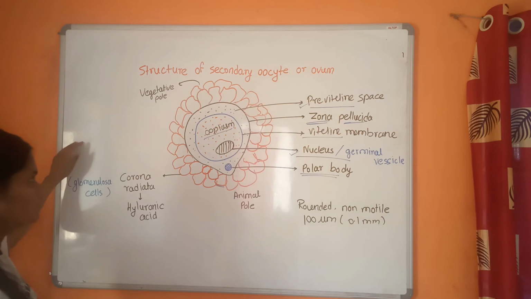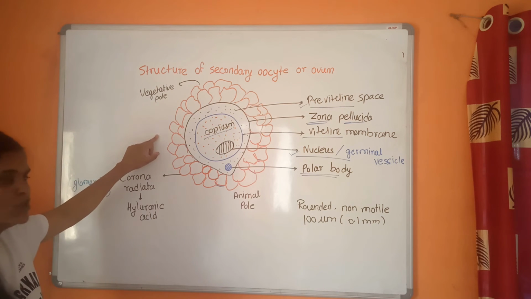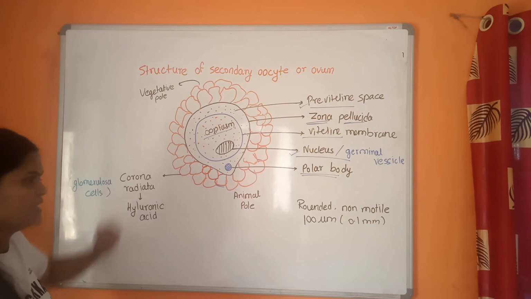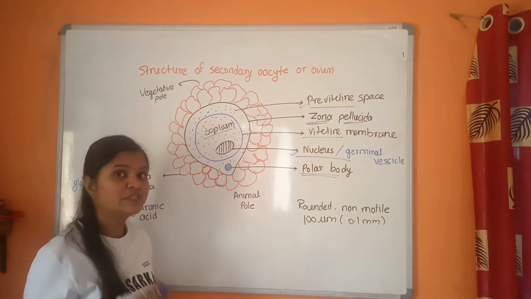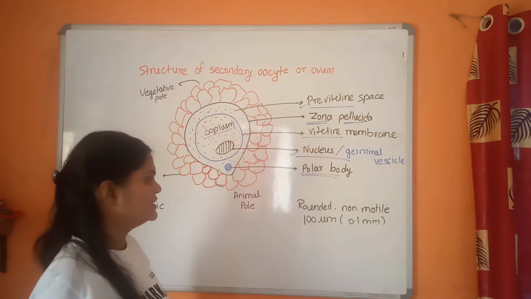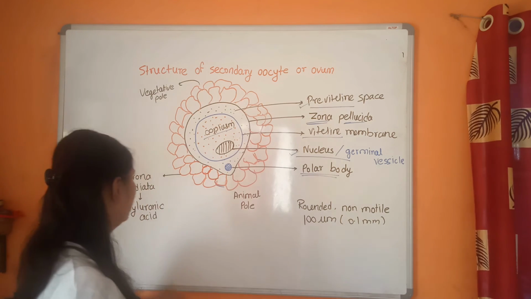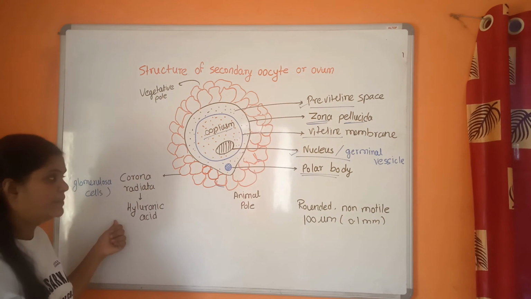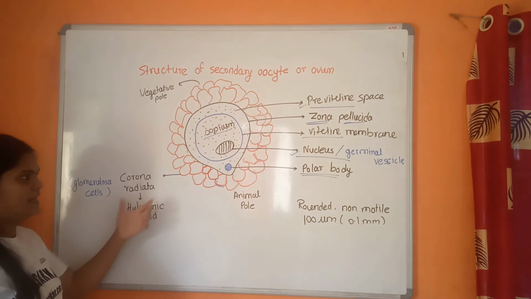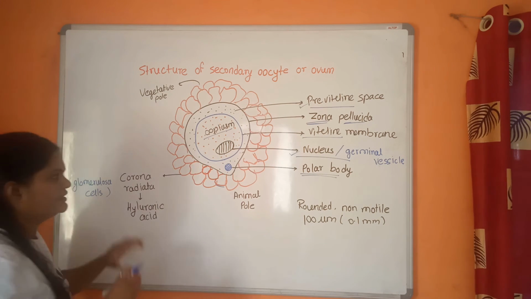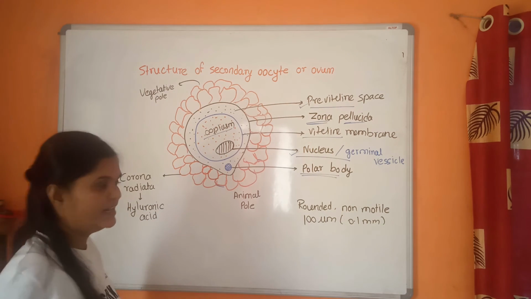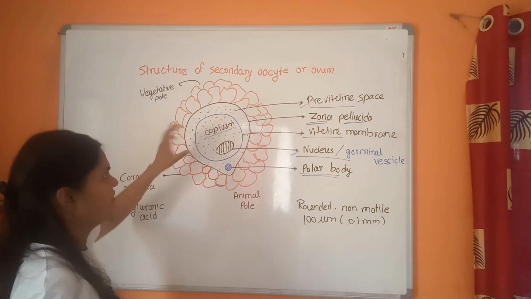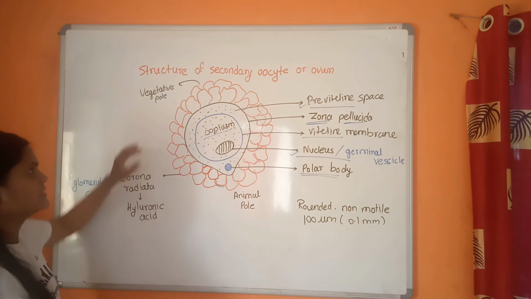If sperm cells want to enter, they are not able to pass this layer. But the sperm's acrosome produces an enzyme, hyaluronidase, which hydrolyzes the hyaluronic acid, and then the corona radiata layer is separated, and sperms get entry into this secondary oocyte.